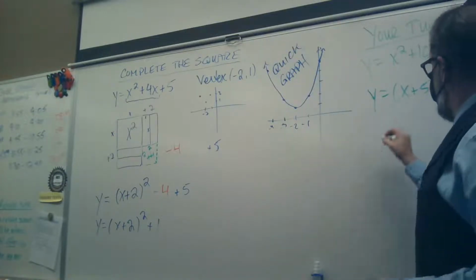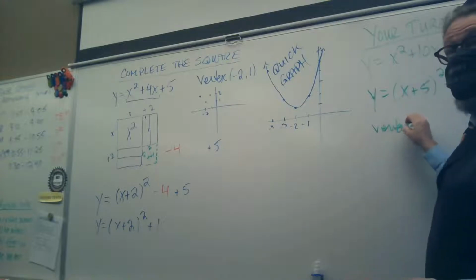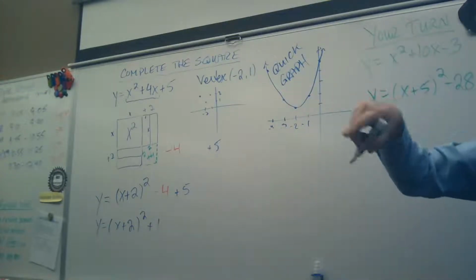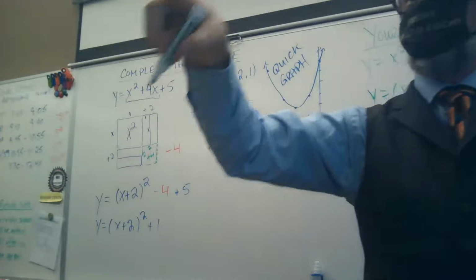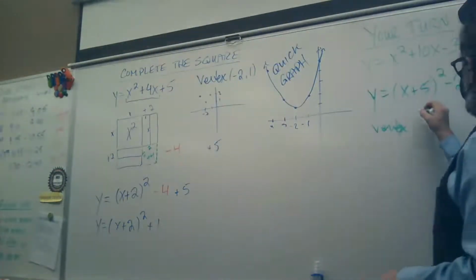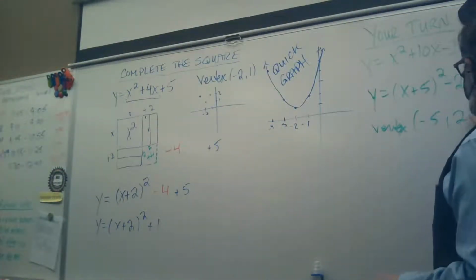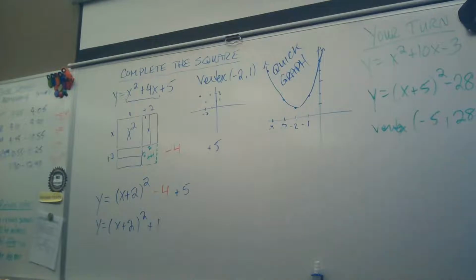Somebody else, where's the vertex? Volunteer. Vertex. Yeah, Willem. -5, 28. -5, comma 28. We all agree with that? We sure?